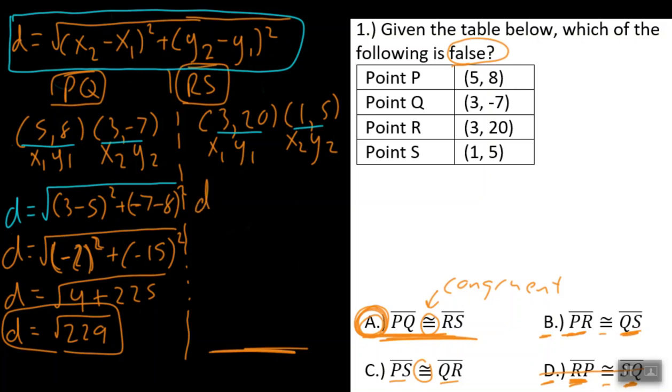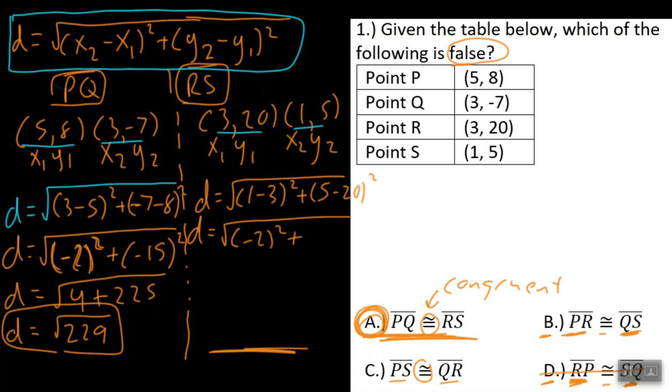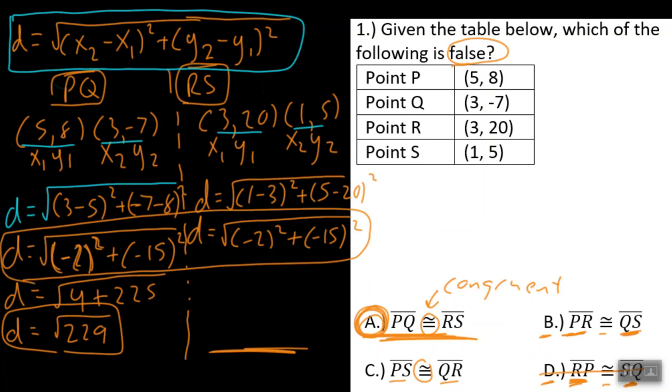Okay, so let's try this one. We have D equals the square root of, parentheses, x2, 1 minus 3 squared, plus, and here my y2 value is 5 minus 20 squared. And I actually noticed something interesting here. When I do 1 minus 3, I get negative 2 squared, plus 5 minus 20 is negative 15 squared. Wait a second, does that not look exactly like that problem on the left?